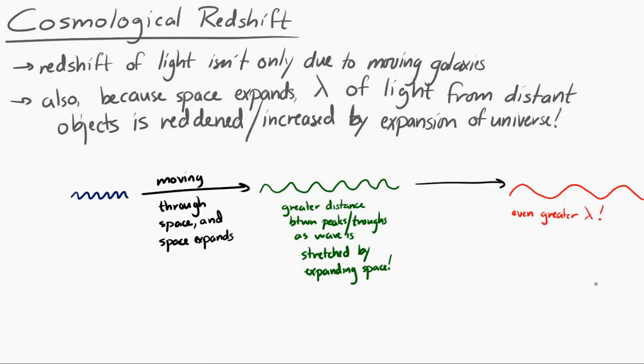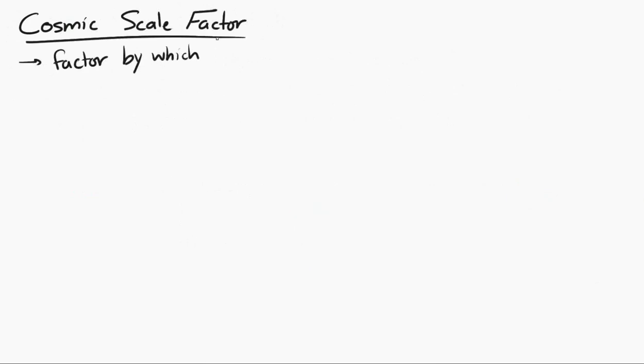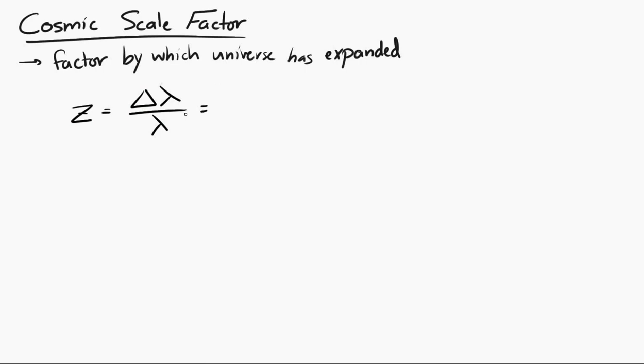And another concept we can think about is the cosmic scale factor. Cosmic scale factor is the factor by which the universe has expanded. And the justification goes like this. Redshift z is equal to the change in the wavelength over the original wavelength. Well, the change in the wavelength is equal to the change in the scale factor over the original scale factor when the light was emitted.